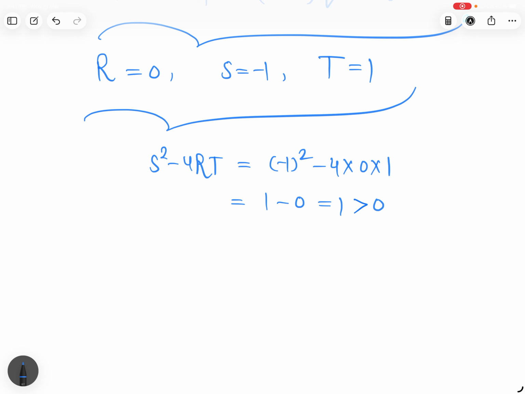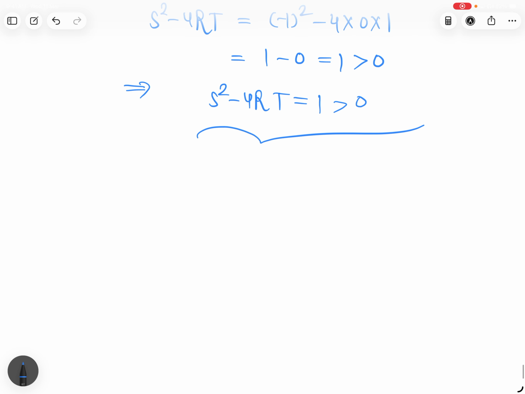Sorry, 1 is greater than 0. What can you say about this? The given PD is hyperbolic.